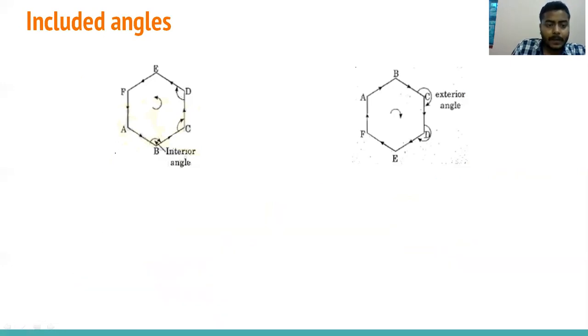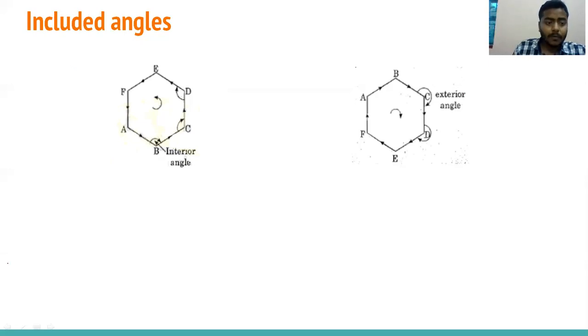Now how do we know whether we are getting the interior angle or the exterior angle? We are going to calculate the included angle, but how do we know, कैसे जानेंगे कि ये इंटीरियर एंगल है और एक्सटीरियर एंगल है, right?